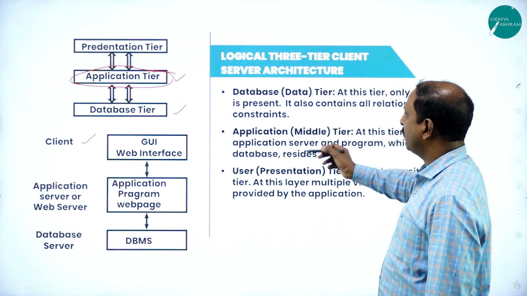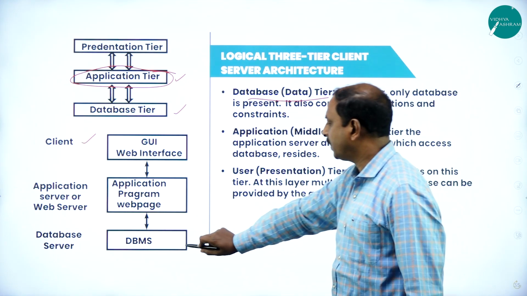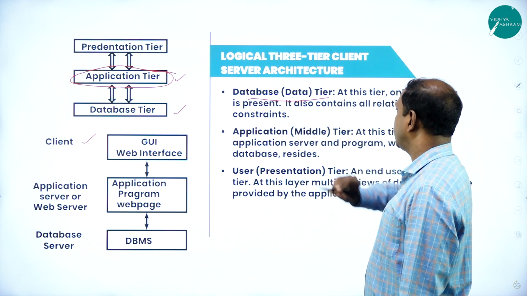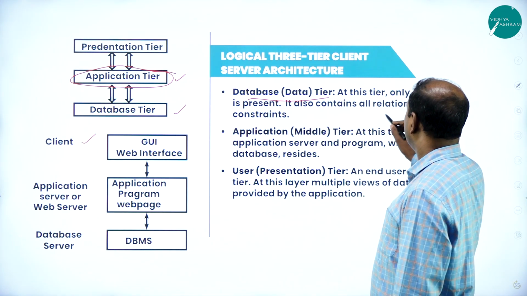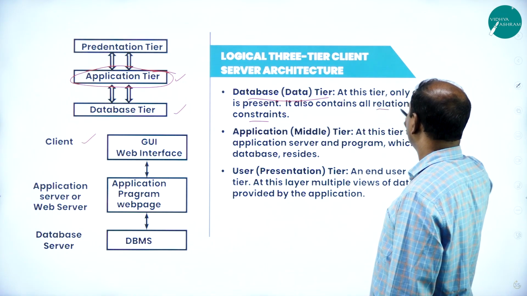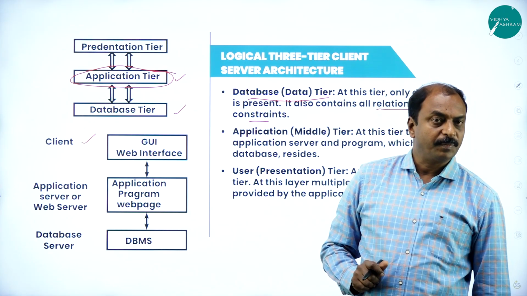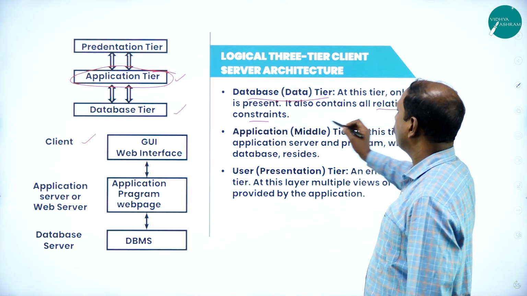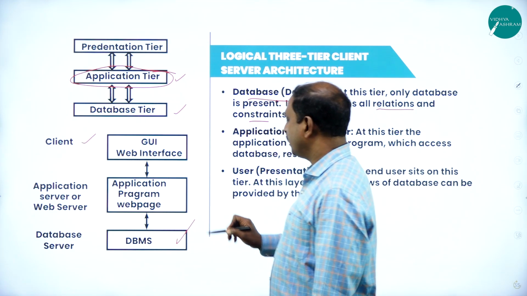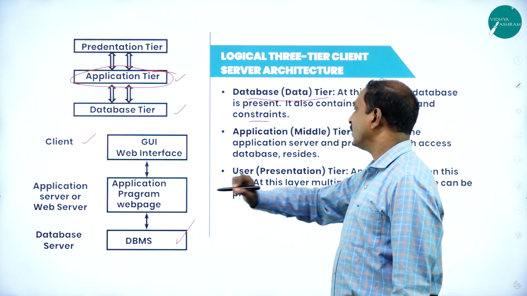Now let's see the definition of this. One is the database tier. Here only the database is present. It also contains all the relations and constraints. Relations is another name for tables, as in a relational database, and it also has many constraints. This is the database tier, where you find only the database.